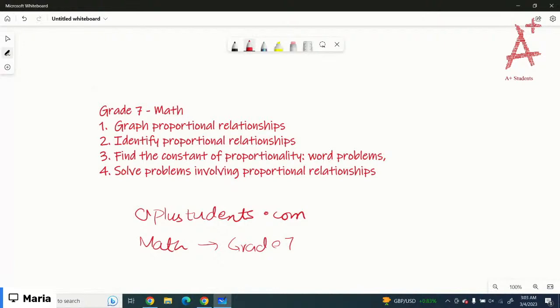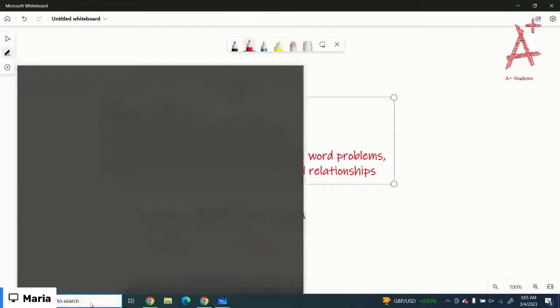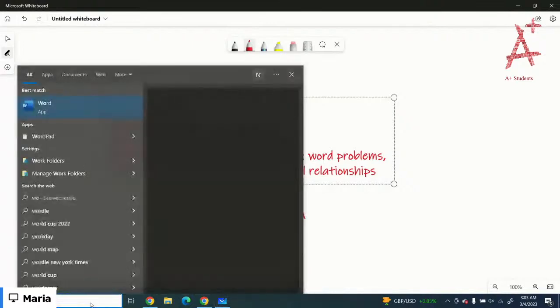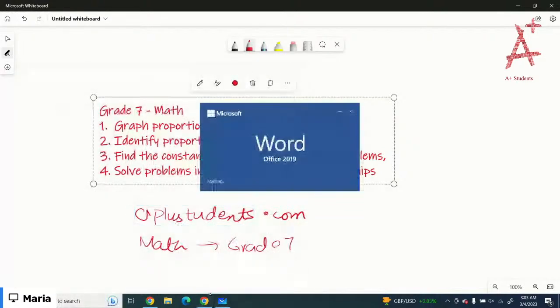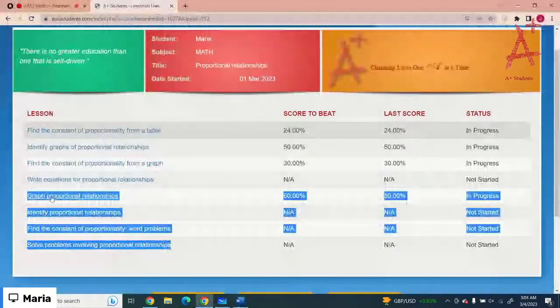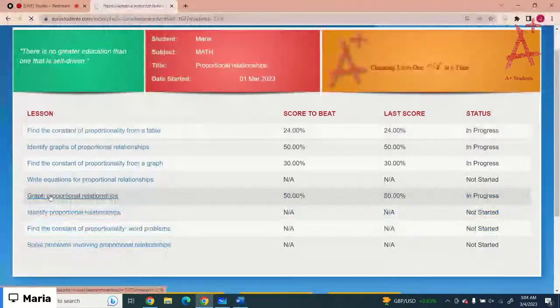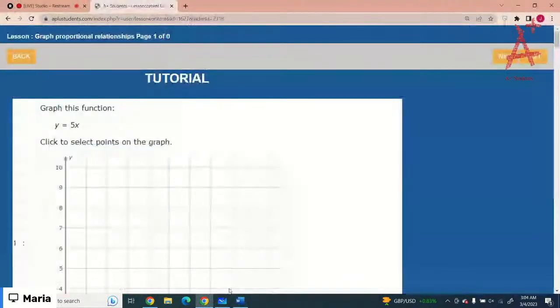So let's just start with the first lesson, that is graph proportional relationships. Okay, so here I am on the first lesson. So let's just start with the lesson.